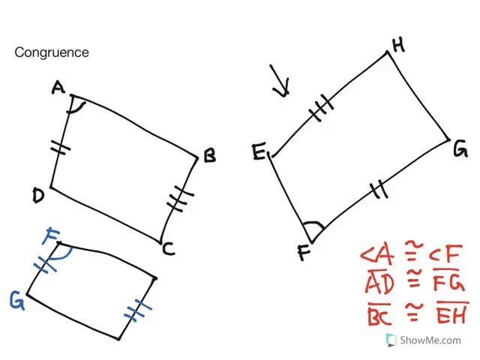This side right here would be congruent to BC, so let's say EH. And we know that because F has to be adjacent to the other one, it has to be E on the top, and H on the bottom.